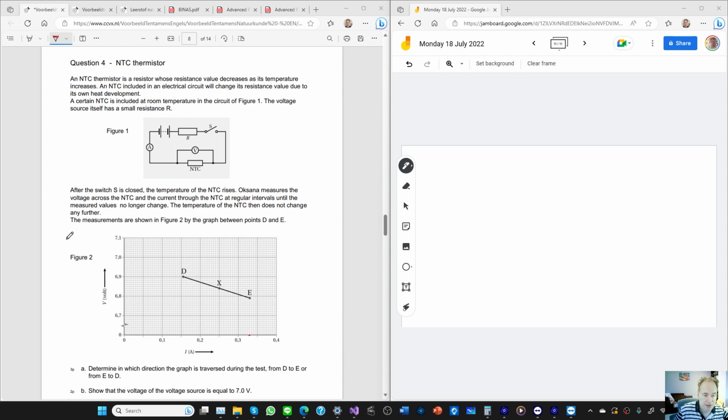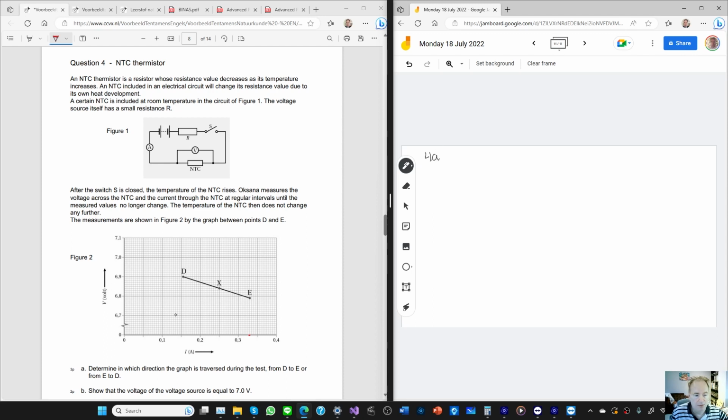And question 4a. Determine in which direction the current is traversed during the test, from D to E or E to D. As is stated here, the temperature rises after you started the experiment. So T rises, which means the resistance decreases, which means the current increases.